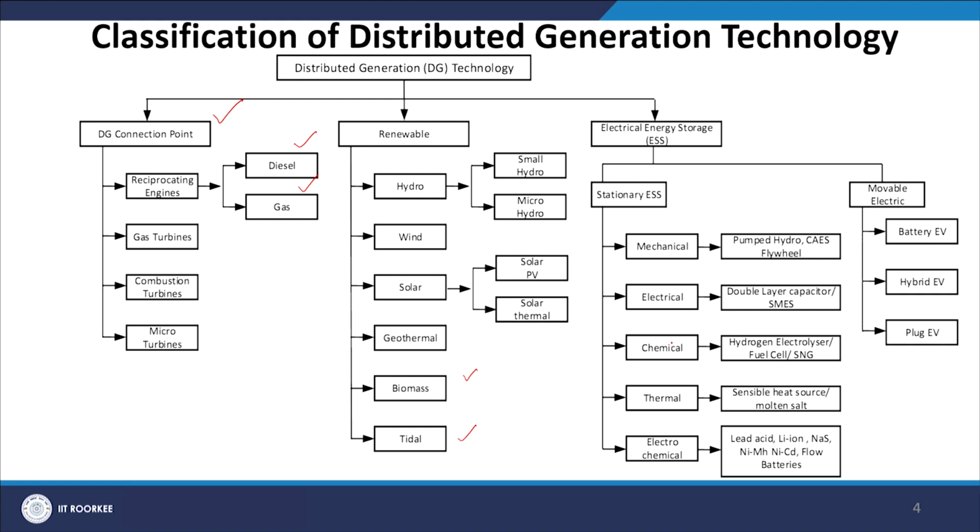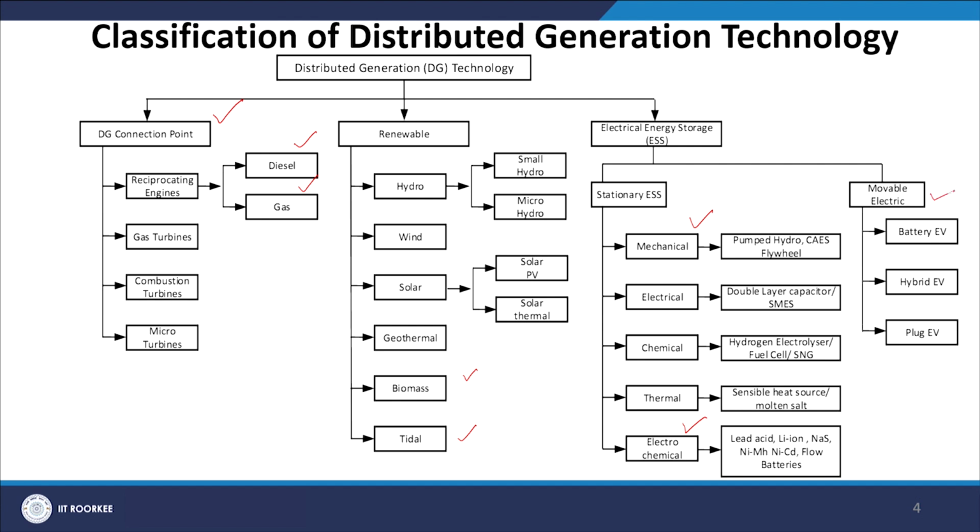In case of stationary, we have mechanical type, which is pumped hydro, CAES and flywheels; electrical type, which is double layer capacitor or SMES; chemical, which is hydrogen electrolyzer, fuel cell, SNG; thermal, sensible heat, molten salt; and electrochemical, which is lead acid, lithium ion, NAS, NiMH, NiCd, flow batteries, etc.